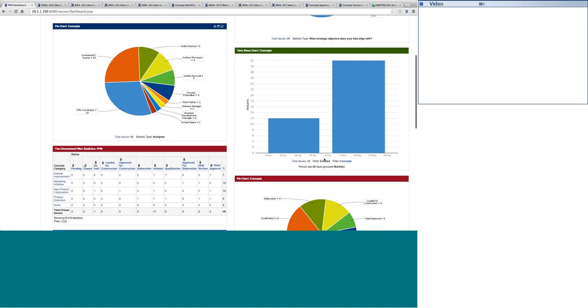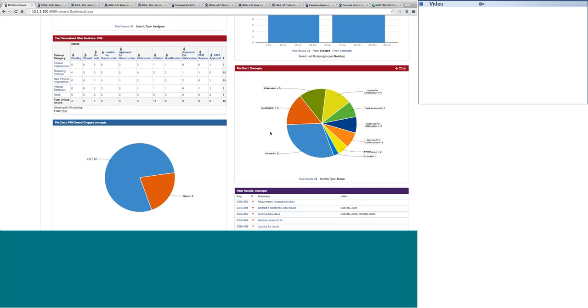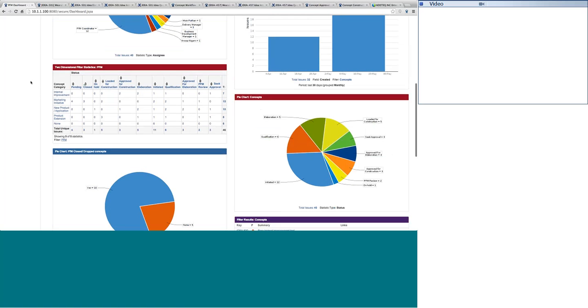Now let's say that if there are different people accountable for different stages in the concept workflow or the idea workflow, you can have different dashboards for those people.